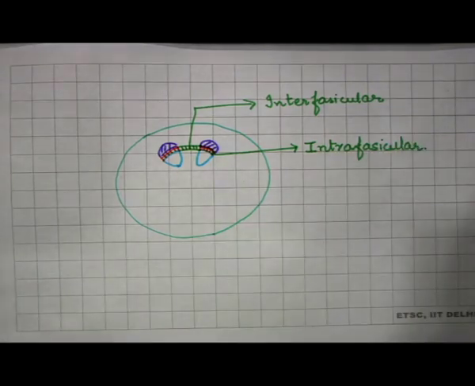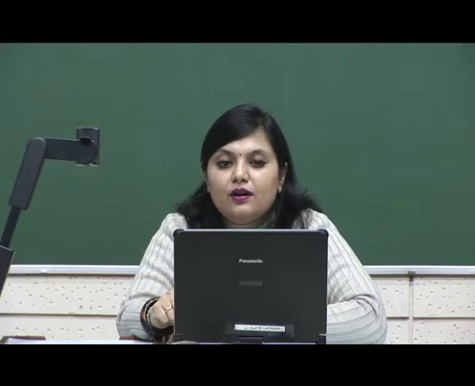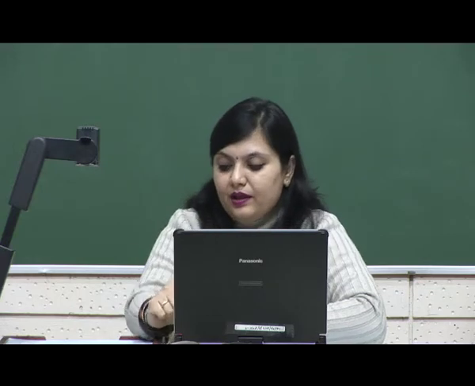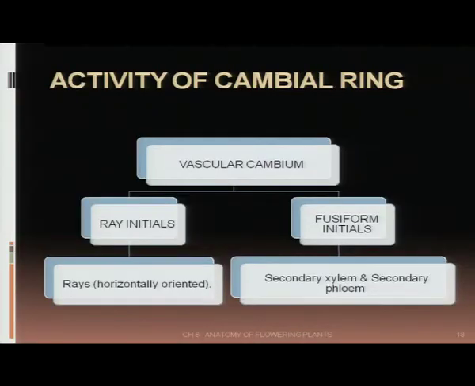What happens next? Well, this cambial ring that has been formed will start dividing. The vascular cambium that is present now in the plant has two types of initials, the ray initials and the fusiform initials. The derivatives of the ray initials will produce the rays, and these rays are horizontally oriented.